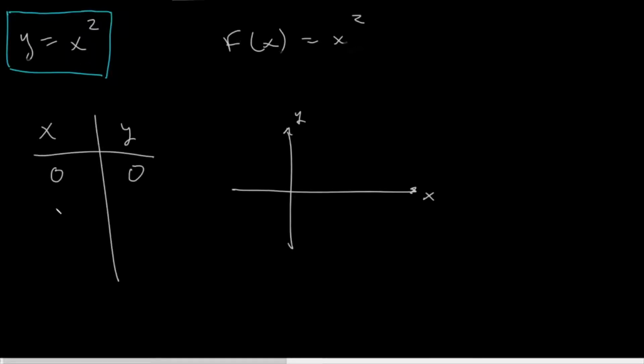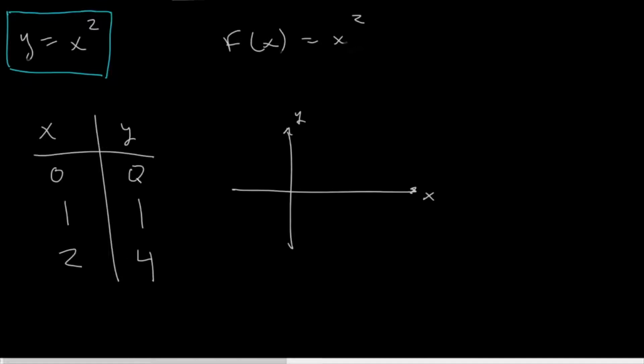Let me also choose x equals positive 1, so y equals 1 squared, so y is 1. Let me do x is positive 2, y equals 2 squared, y is 4, right? We're just squaring these numbers: 0 squared is 0, 1 squared is 1, and 2 squared is 4.